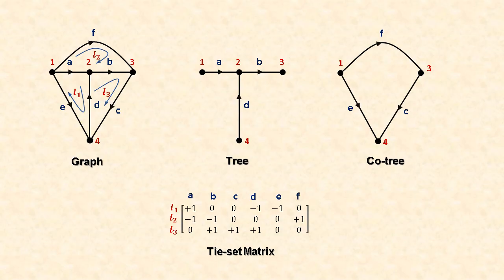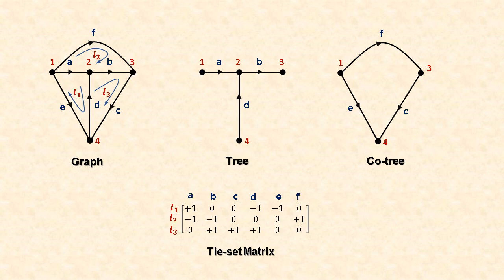Here the first figure shows the graph with 4 nodes and 6 branches. Here the loops are L1, L2 and L3. We have taken the clockwise direction for all the loops.